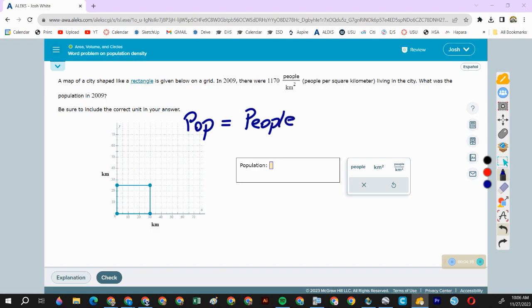We also know that this is 30 kilometers by 25 kilometers. So the area of that is going to be 25 kilometers times 30 kilometers.